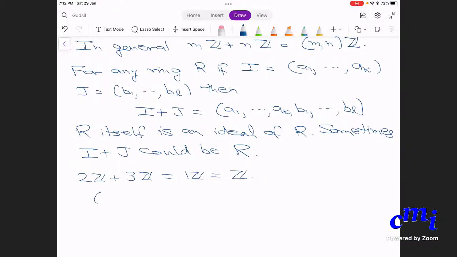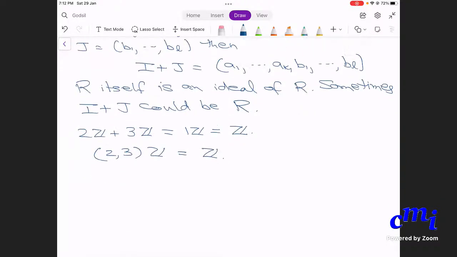Another way of saying this is that the ideal generated by 2 and 3 in Z is Z itself. The ideal generated by 2 and 3 means all numbers of the form 2a plus 3b, such that a and b are in Z. So the collection of all numbers of the form 2a plus 3b, where a and b are in Z, is the whole of Z. Every element of Z can be represented as 2a plus 3b for some a and b in Z. Okay, so this is about the sum of ideals.